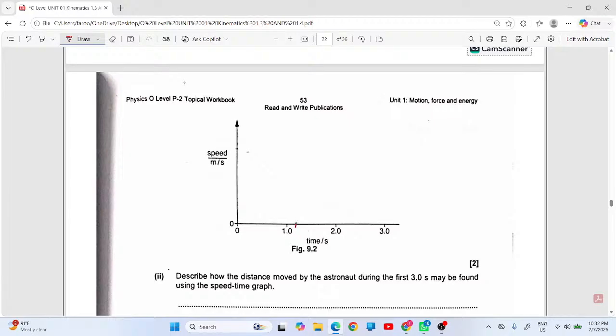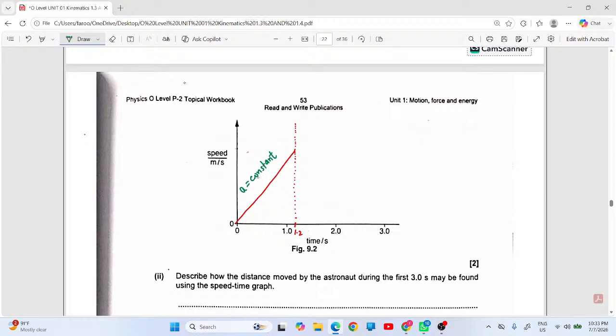Let's suppose here you have 1.2. So up to 1.2 the force is almost constant. तो मैं ऐसे लिख देता हूँ, ग्राफ आपका ऐसे बनेगा, और यहाँ पे हम लिख देते हैं acceleration is constant.